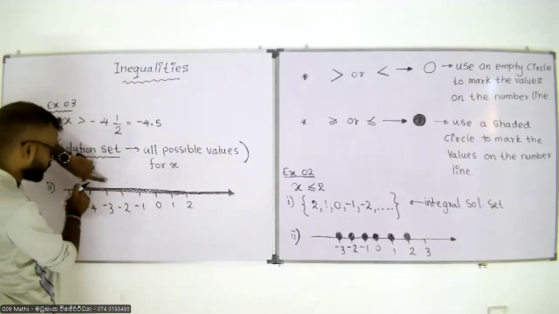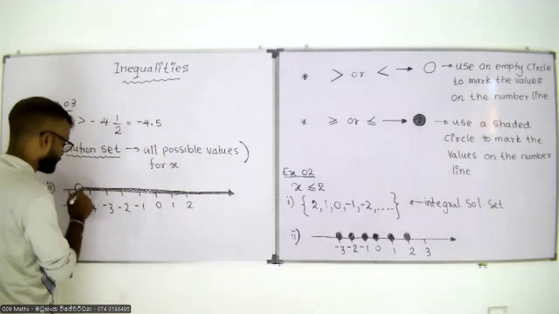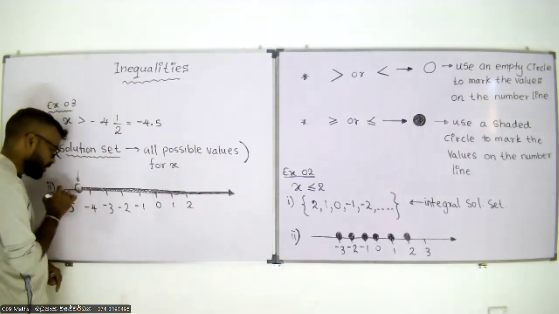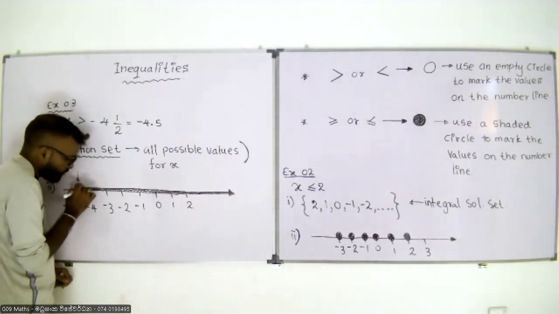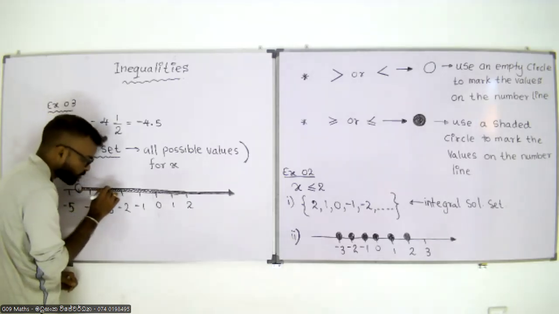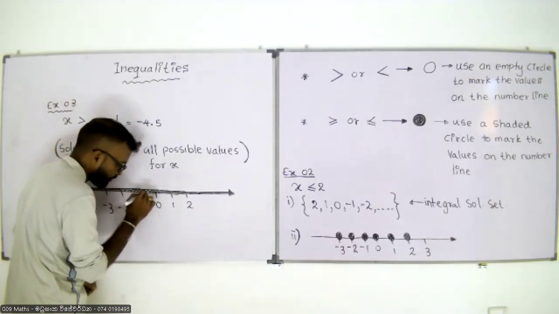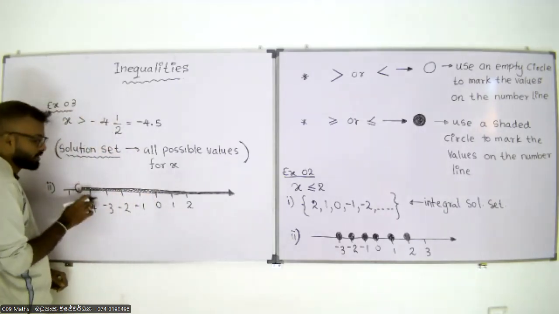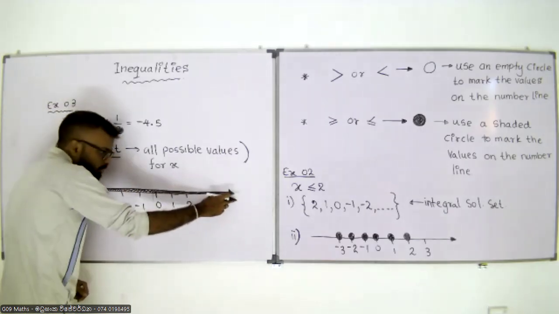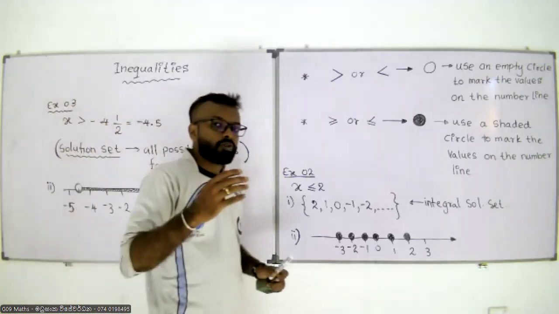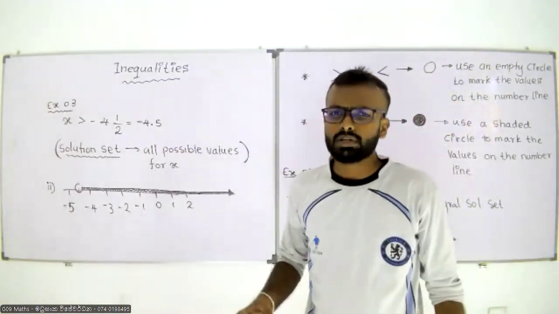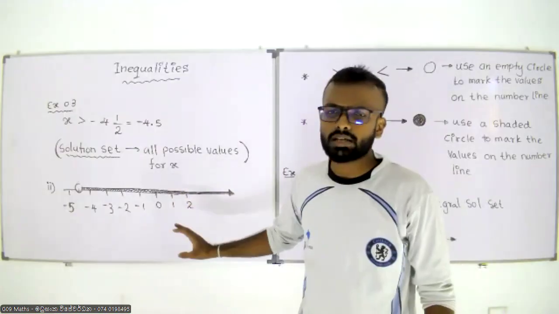Place your ruler and highlight it. So now this is the negative 4.5 value. Each and every number in between these points, you have to take as the answer. Each and every number, not only the integers. All the possible values are here. From here to positive infinity, each and every integer, each and every decimal number, whatever the number, you can take.